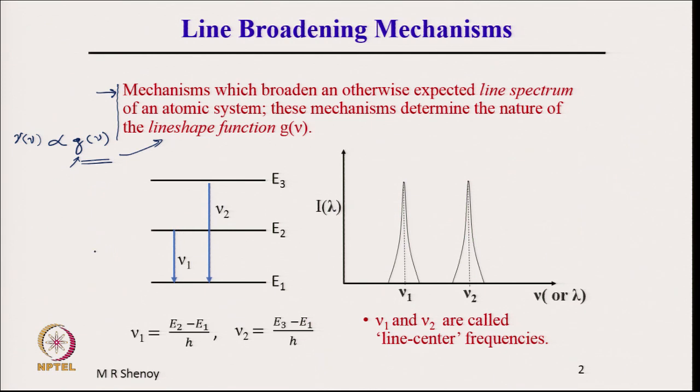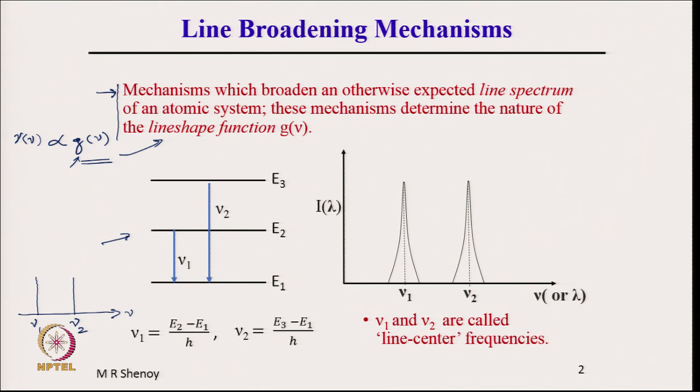We know that an atomic system is characterized by discrete energy levels E1, E2, E3 etc. Transition between these energy levels would result in a line spectrum, which means if you plot nu, then at different frequencies corresponding to the transitions, as shown here, nu 1 is equal to E2 minus E1 by h, and nu 2 is the higher frequency corresponding to the higher energy difference E3 minus E1.